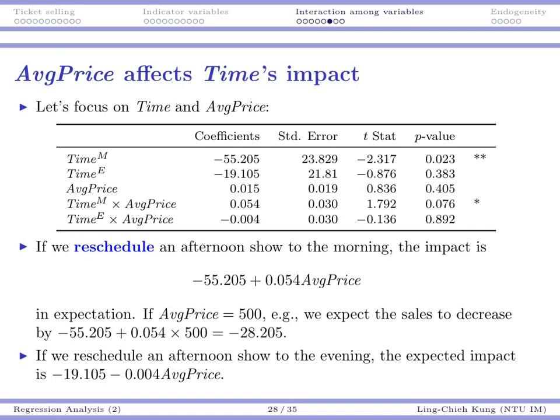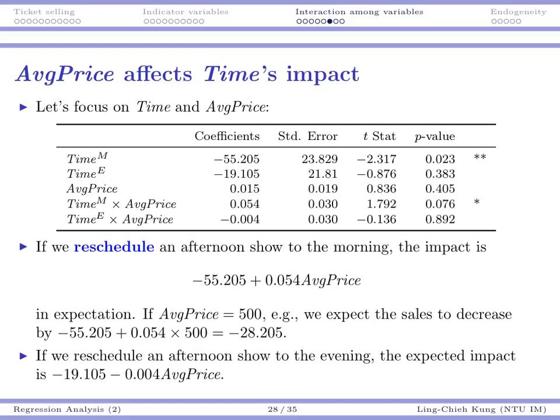So, on the other hand, average price also affects time's impact. For the same table, we know that if we reschedule an afternoon show to the morning, in the past we said we expect a loss of 55 tickets, but that's not the whole story because we also have another term here, which measures the impact on the average price.